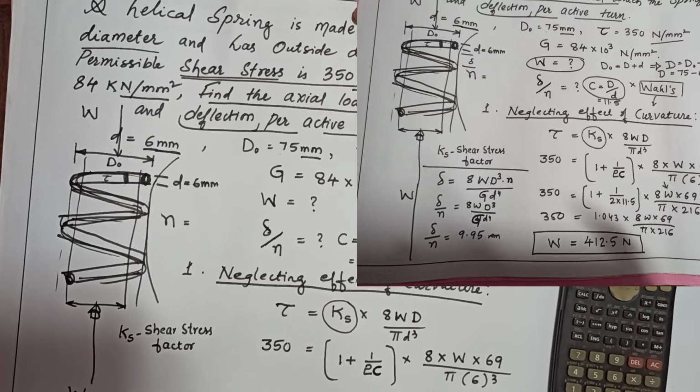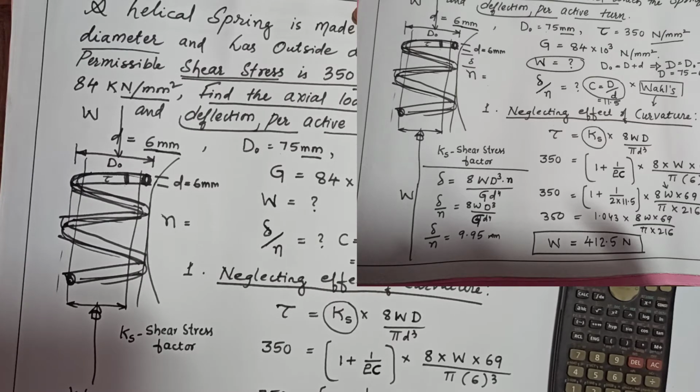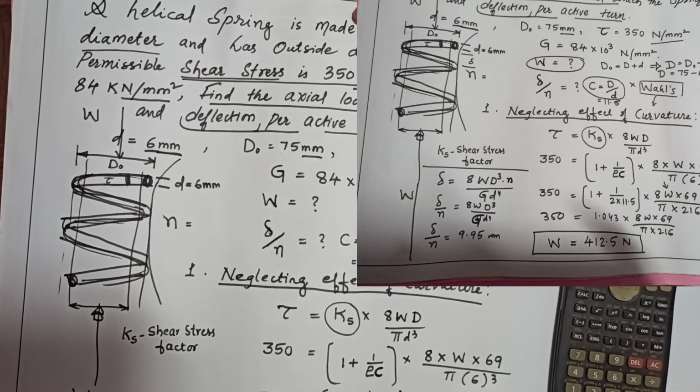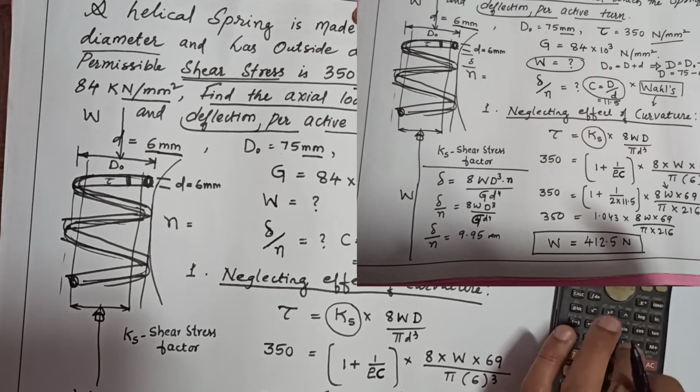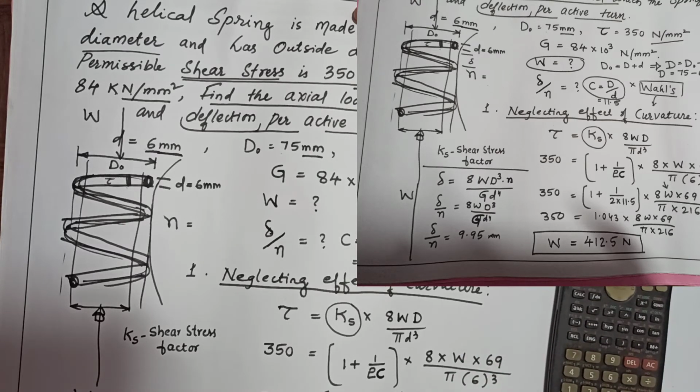So again I have to take one more step here. So 1 plus 1 by 2c, with c as 11.5, close the bracket. 8W into 69 by pi d cube, d power of 6 power of 3, then you will get 216.